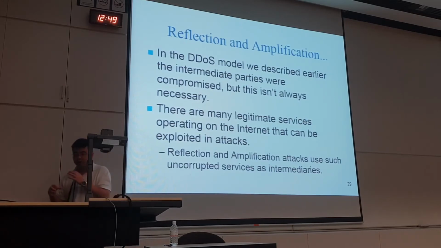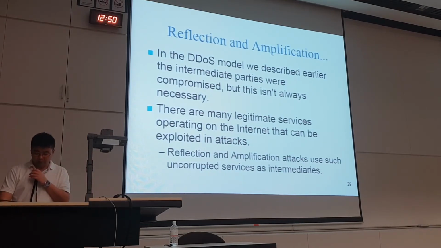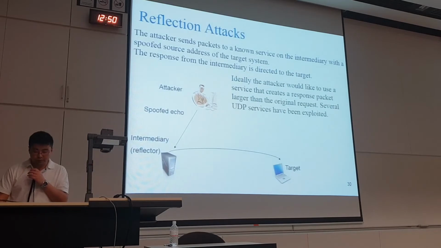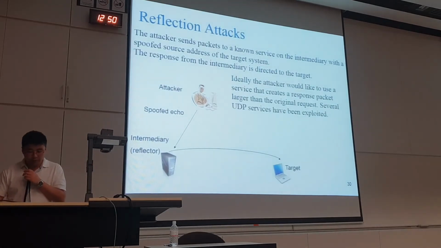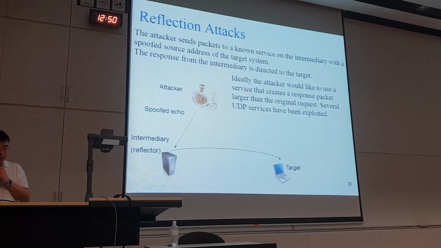So the attacker only needs to send a small packet, and the response sent to the victim will be a very large packet. This is a typical scenario of a reflection attack. The attacker sends a request to the reflector, and the reflector sends a response to the target, which can be much larger than the request.